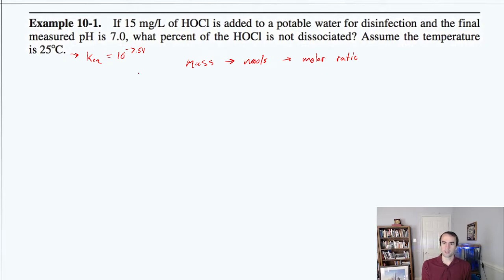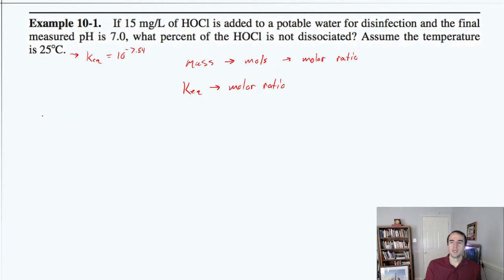But we can actually get the molar ratio from the equilibrium constant, which really is defining the molar ratio. So we can get there a little easier than doing the mass to moles. A lot of times you will have to include both portions. I'm not meaning to imply that you don't need this process, but this time we have a quicker process.